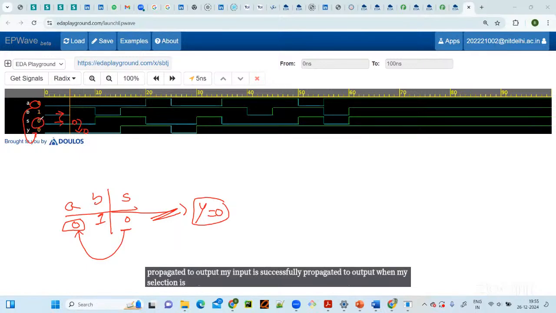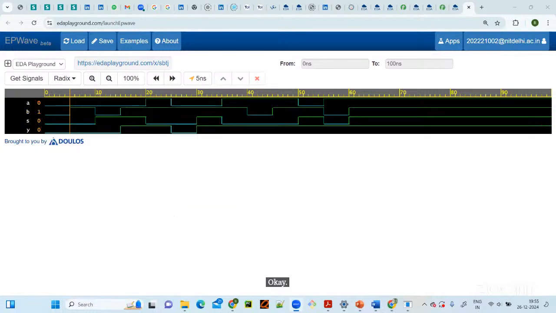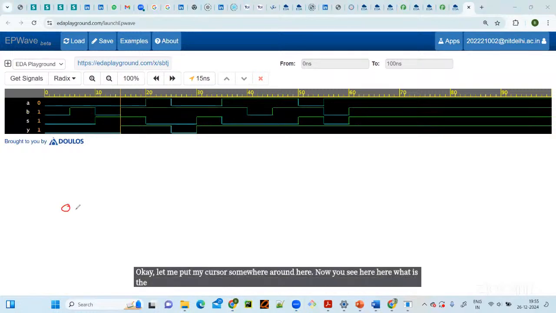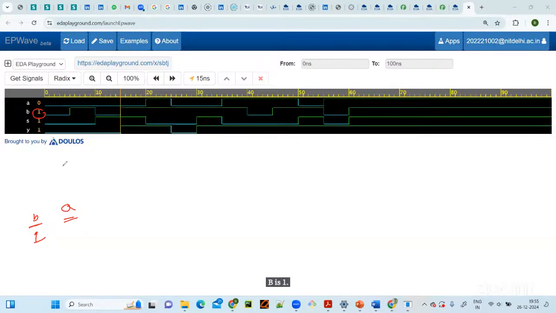Let us take one more observation point. Let me put my cursor somewhere around here. What is the value of A and B? B is 1, and A is 0. What about the selection line?